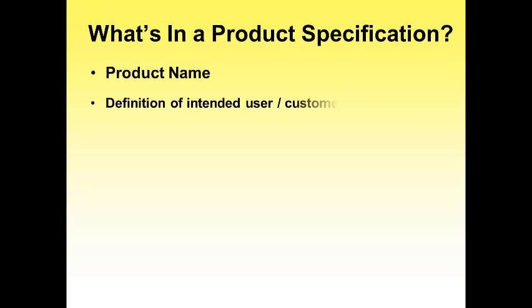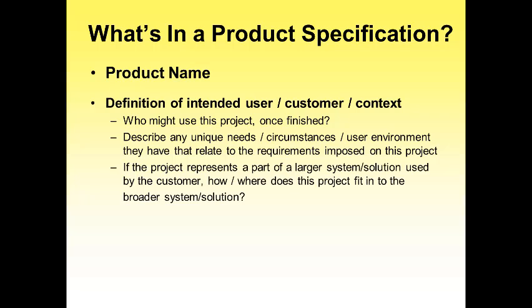We'd like you to take that marketing description, that customer description, and turn it into an engineering product specification. Now, what goes into such a specification? Well, first we start with a product name, which we'll make up. Then we want to understand who is going to use our product, who's the intended user, the customer, what context is going to be used in.